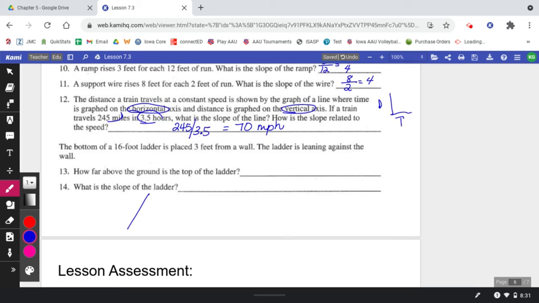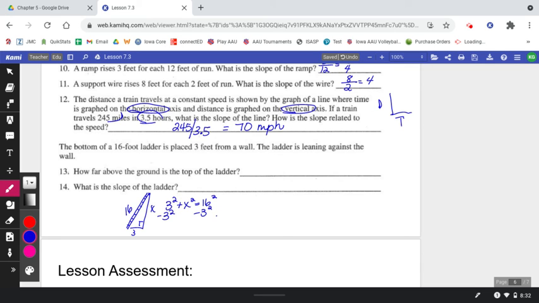The bottom of a 16-foot ladder is placed 3 feet from the wall. How far from the ground does the ladder reach? So I put the 16 on the ladder because you lean a ladder against a wall. So if it tells me my ladder is 16 foot, that would be my hypotenuse. So to solve for x here, I'm going to do 3 squared plus x squared equals 16 squared.